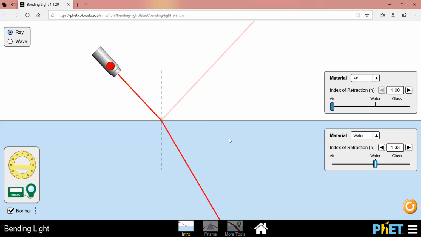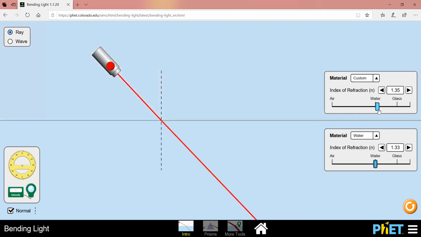Here we have two media as we explained. To know what the media are, go to this part here. You can change the material, you can change the index of refraction, you can change the type of the material as well between air, water, and glass. You will see that if we have water here and in the second medium we have the same medium, which is water, it means I'm going to have the same index of refraction, which is 1.33, so the angles will be equal.